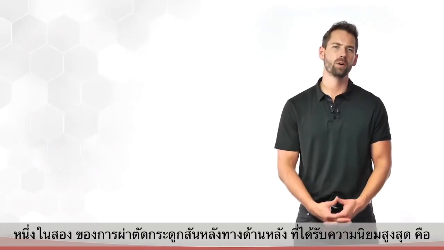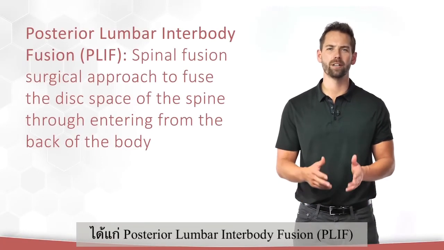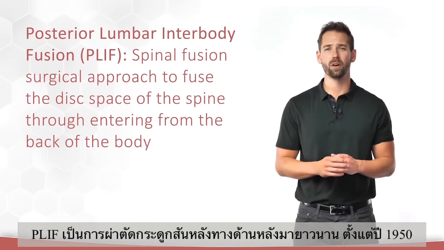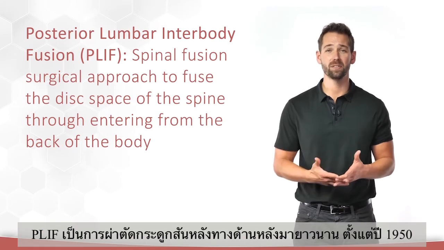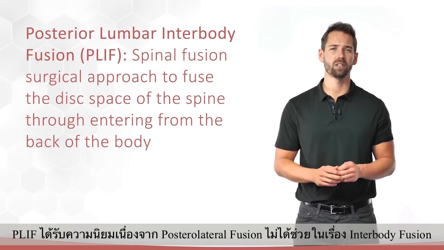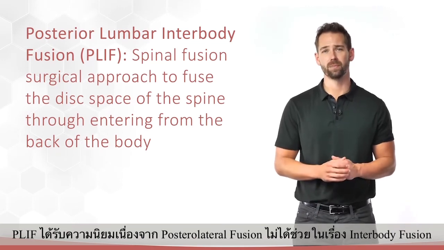One of the two most common posterior interbody approaches is the posterior lumbar interbody fusion, or PLIF procedure. PLIF is the oldest of the lumbar interbody fusion techniques, being first described in the 1950s. PLIF became popular due to the dissatisfaction with the posterolateral fusions that did not utilize interbody fusion.